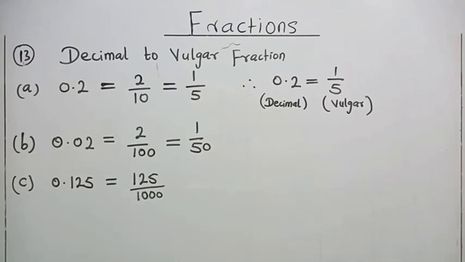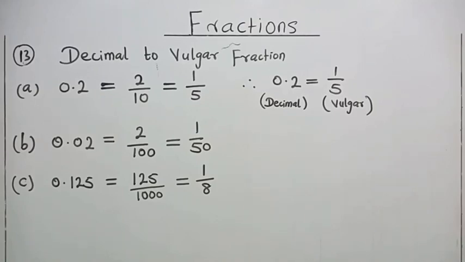What is that factor? Highest factor common to 125 and 1,000. If you think, at a point you conclude that 125 is the highest common factor. So 125 can divide itself, and 125 can also divide 1,000. How? Let's see.